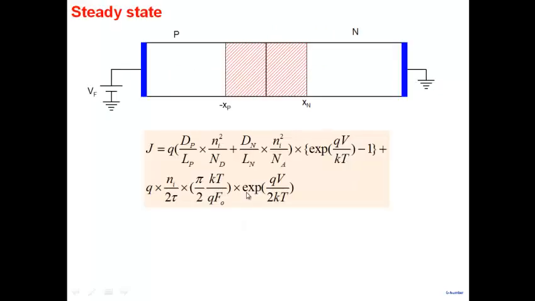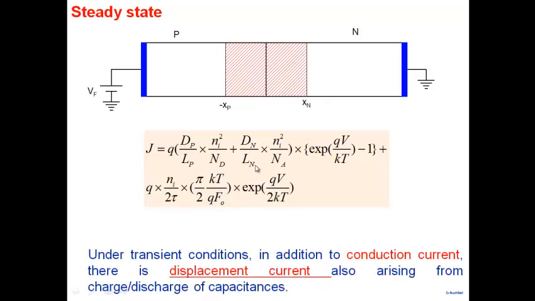All right, so we have seen that if you take a PN junction diode, you apply a voltage here, then in forward bias, you get a current which is given by this term here, which is due to diffusion and recombination outside the depletion region, and you get a term here which is due to recombination within the depletion region. Now we know that this, of course, is under steady state or DC condition.